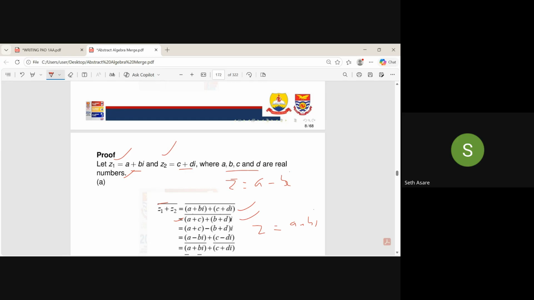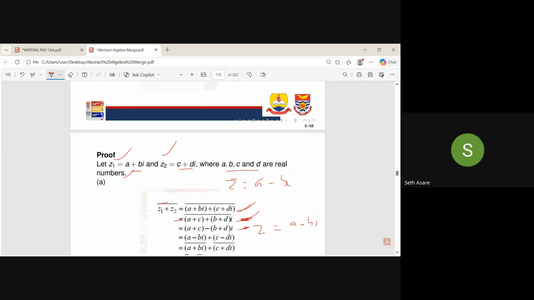We are finding the conjugate of the sum. The sum is what we have here at the third line, and we need the conjugate of that sum. So if the sum is (a plus c) plus (b plus d)i, the conjugate is going to be a plus c minus (b plus d)i.